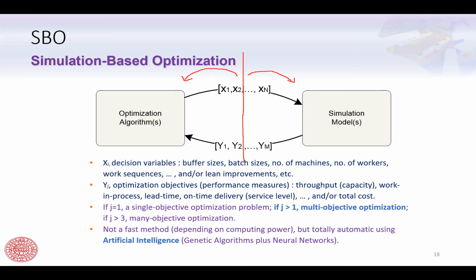The important thing to understand is there's no guarantee that this loop is faster than a manual method. But this loop, like what I tried to illustrate here, will be automatic. So you don't need to keep watching, but the optimization will drive the simulation to test many different results.